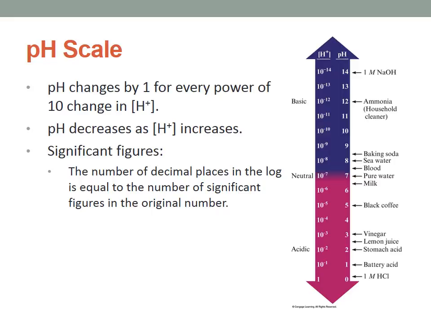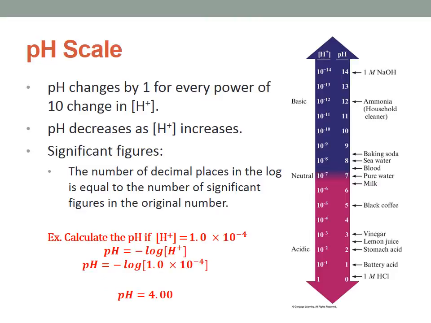Now, in terms of significant figures when we do a pH calculation, the number of decimal places in the log number is equal to the number of significant figures from our original number. So if we have a hydrogen ion concentration of 1.0 by 10 to the minus 4, we have 2 significant figures in this number. So if I want to find the pH, it's the negative log of my hydrogen ion concentration.